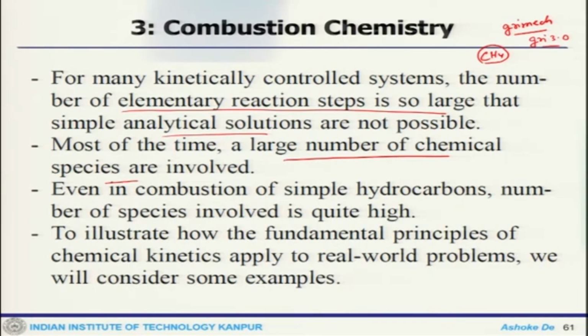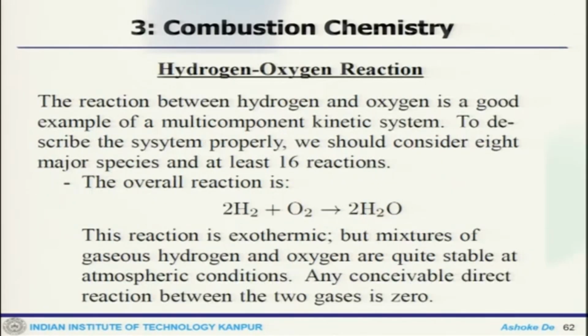Now, even for a simple hydrocarbon, as I mentioned CH4, the number of reactions is quite high. So, how the fundamental principles of chemical kinetics apply to this, we will consider some examples here. Let us start with an example of the hydrogen oxygen reaction.